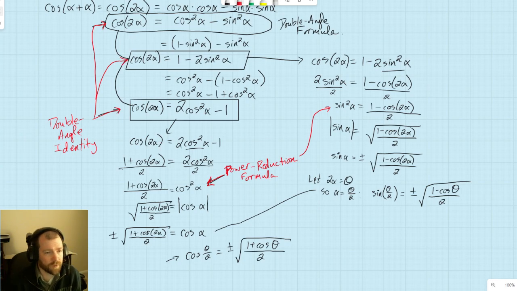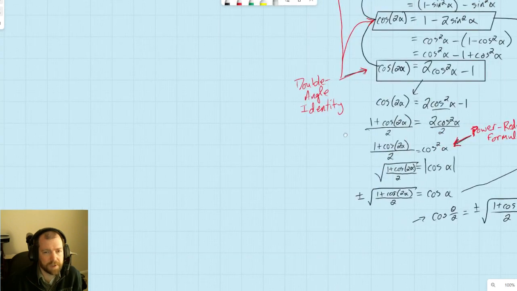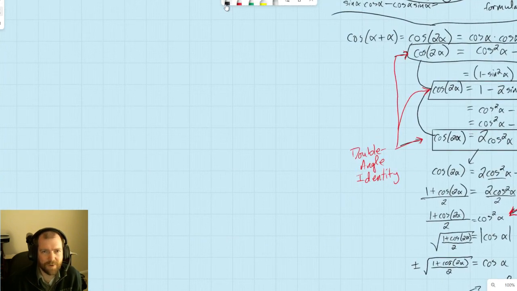Alright, and then unfortunately we got the one that's not nearly as useful or ubiquitous or anything else, which is when you do sine of alpha plus alpha.